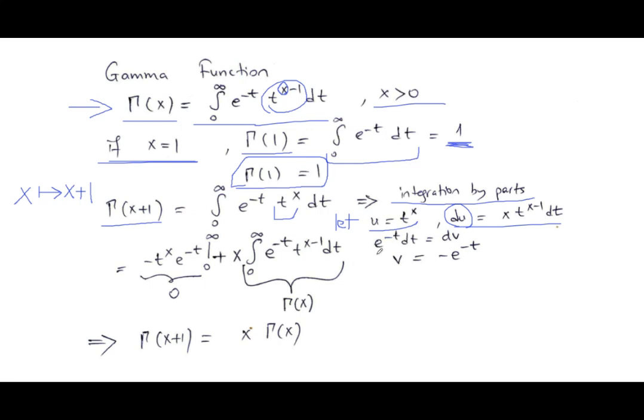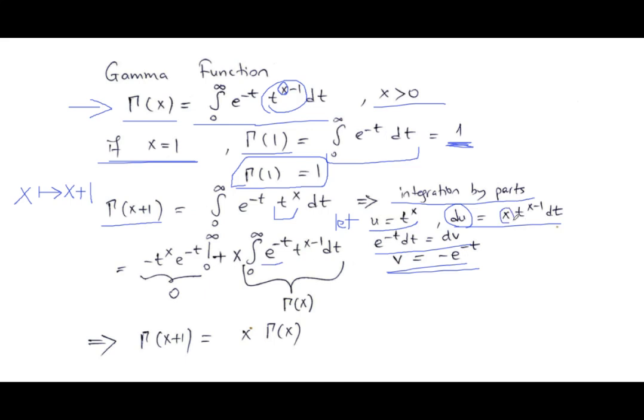And then for the remaining term, we'll assign this as dv and then solve for v. So once we identify what is u and what is v, we are almost done. Now we can write u times v here, and then we have minus v times du.